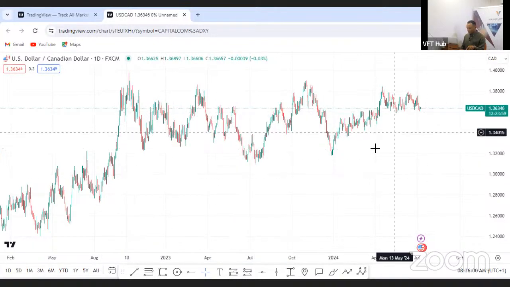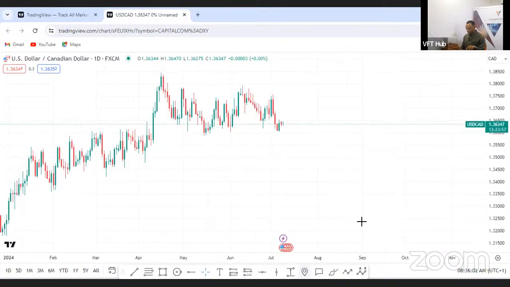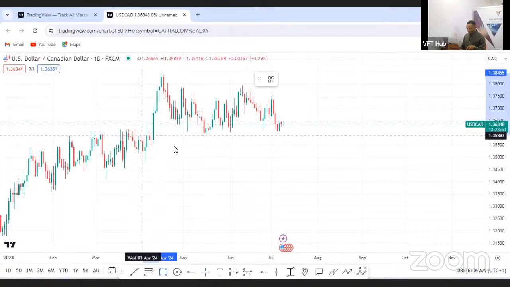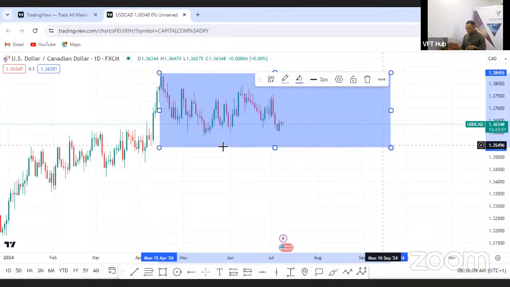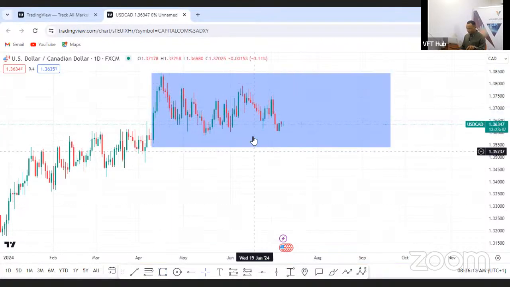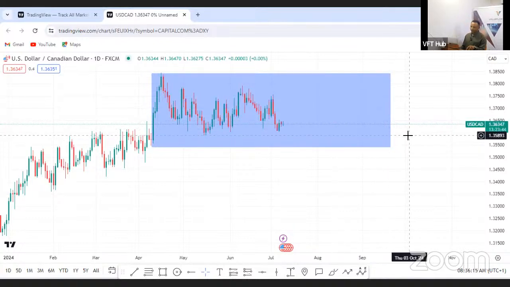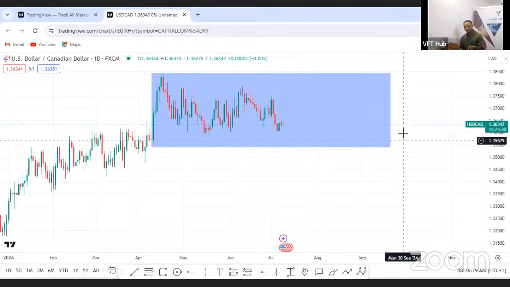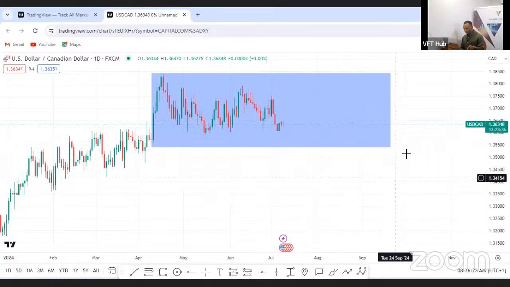So this is the weekly range, and this is the daily range. Price has been ranging inside of here from this low to this high because there is no clarity on the dollar yet. If not, we would be seeing trending moves in a particular direction.